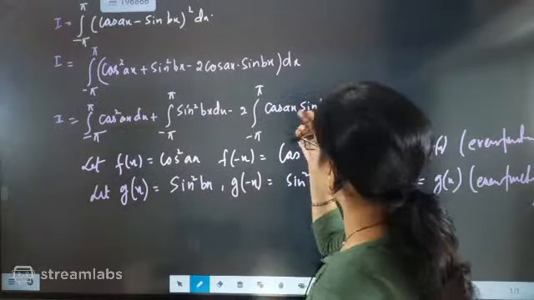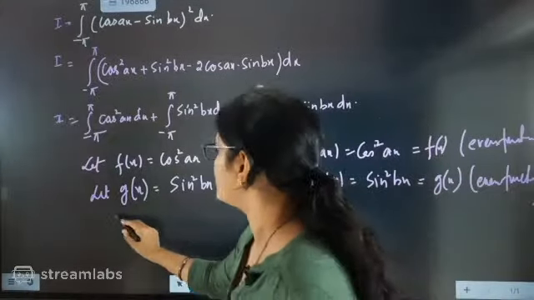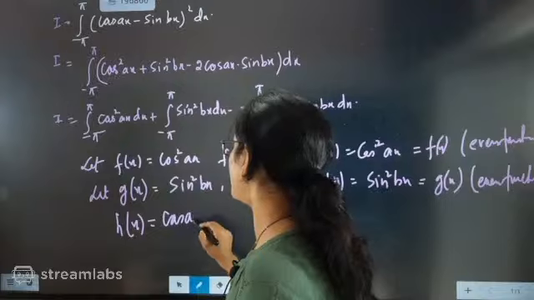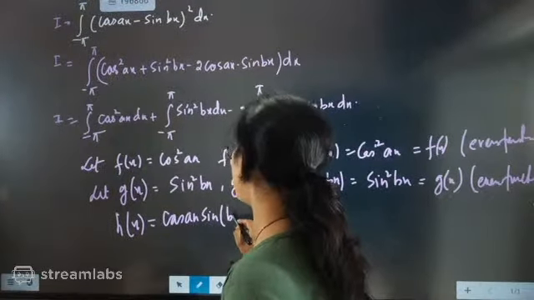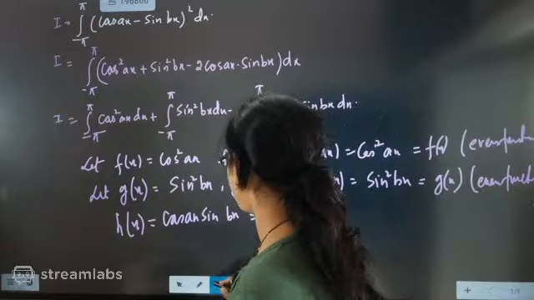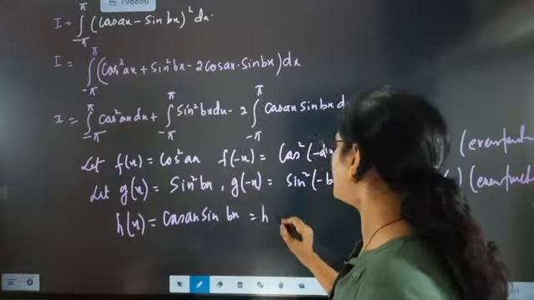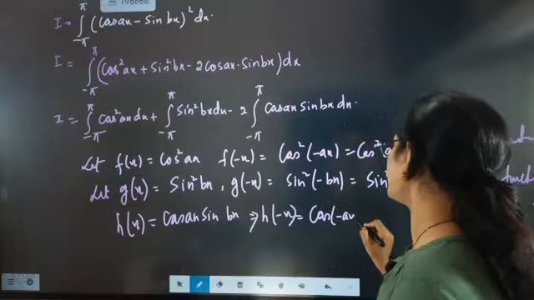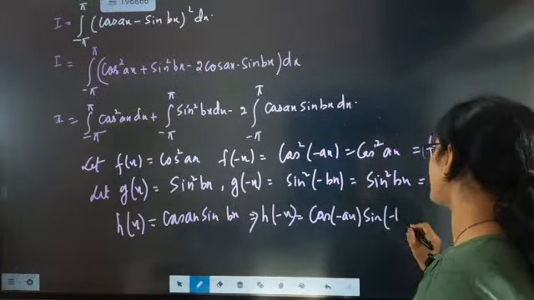Now look at the last part. If we take h of x as cos of ax into sin of bx, then h of minus x is cos of minus ax into sin of minus bx.